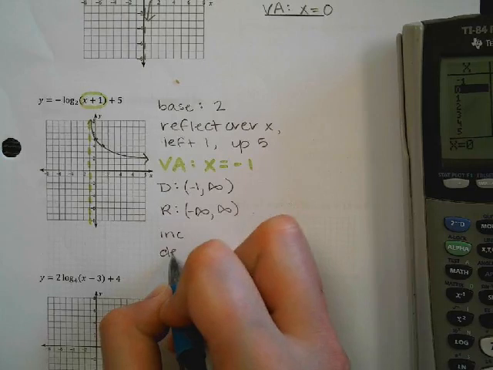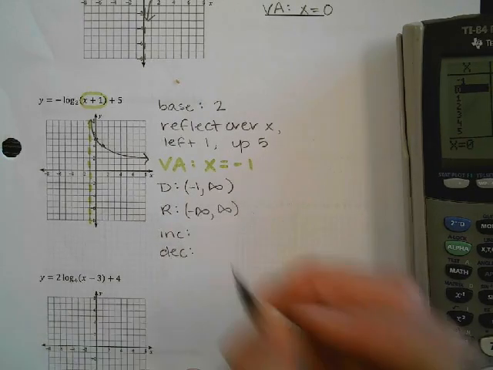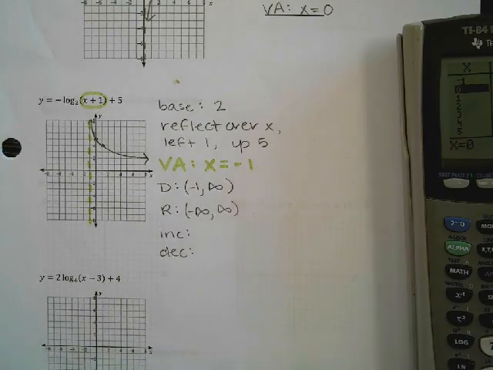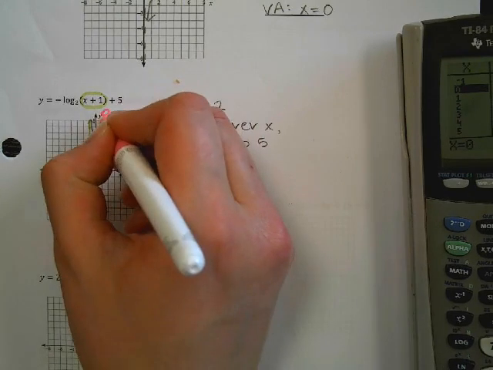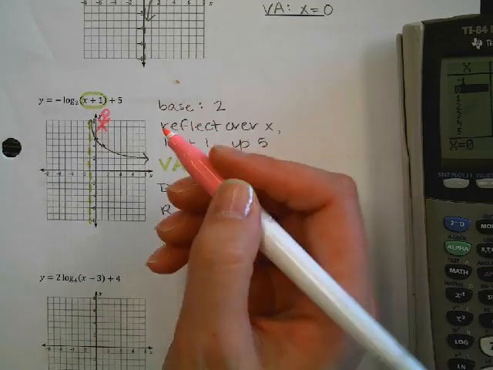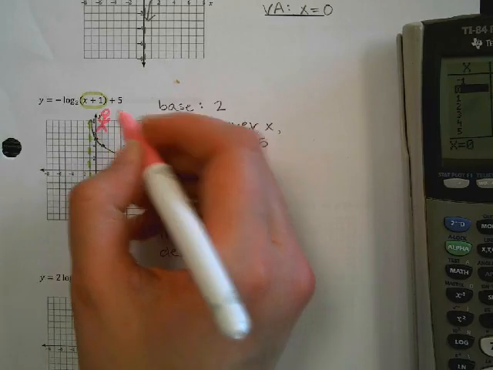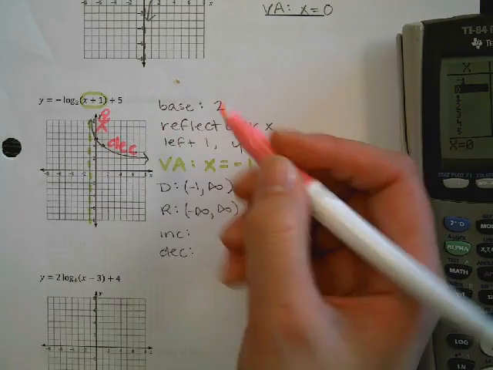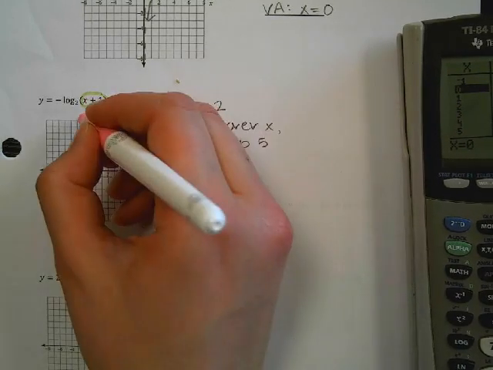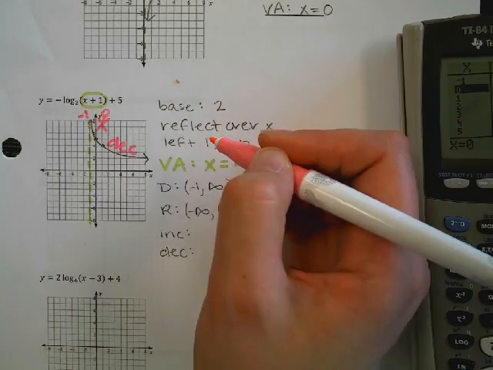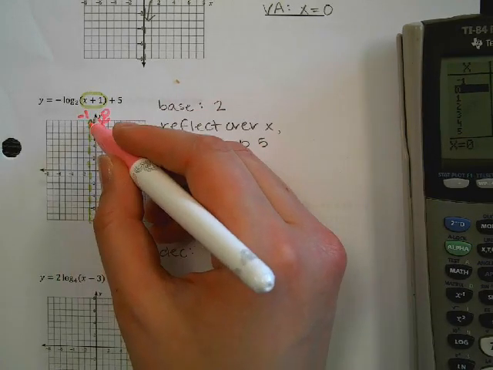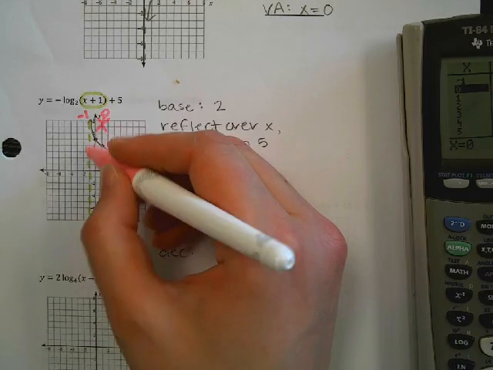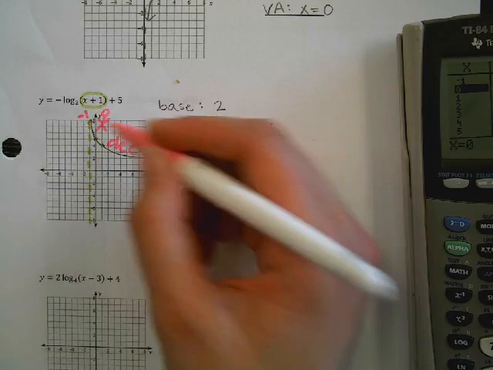We can go ahead and do increasing and decreasing. So I'll grab my little stick figure guy, and he is decreasing, kind of walking down into a valley. So this x value right here is -1. So it's an arrow that's to the left, but it gets stopped by that asymptote. So the x value is -1.